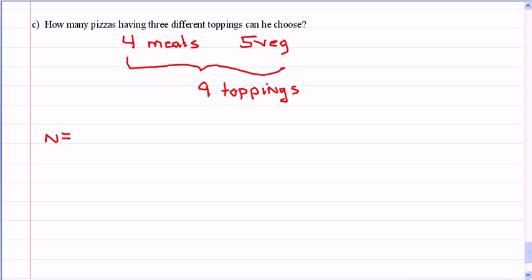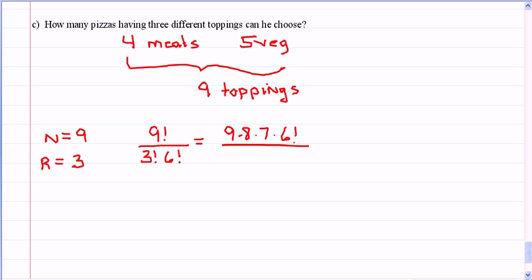Our n is equal to 9 because we have 9 toppings to choose from, but we're only picking 3, so our r is 3. So using the combination formula, we have 9 factorial over 3 factorial, and then we take the difference between 9 and 3. We expand the numerator, stopping at 6, because 6 is the larger number in the denominator, and we take the smaller number and expand it to 3 times 2 times 1.